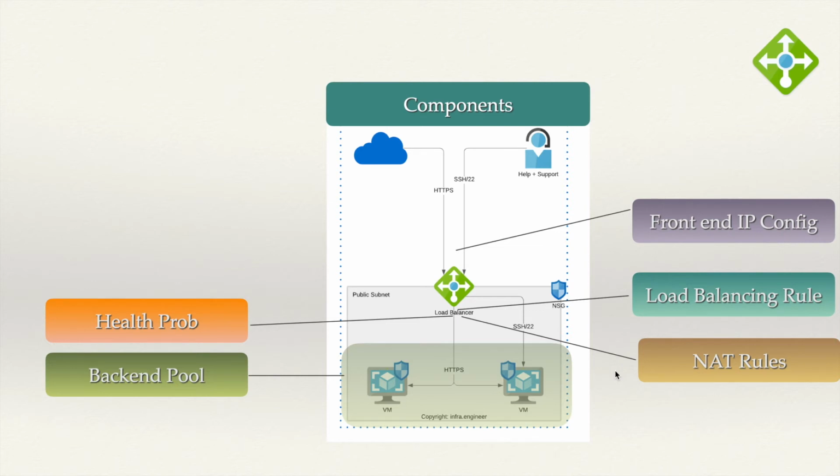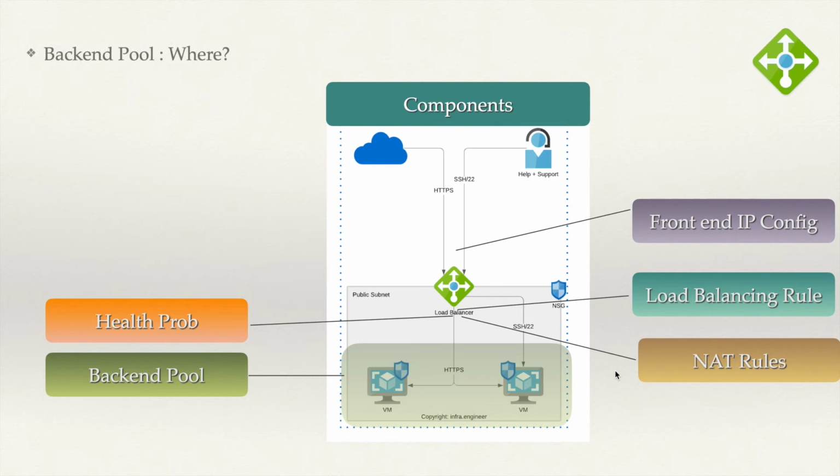And if a request is coming to 9000, for example, then redirect my RDP request to machine B or VM number 2. So this is where the NAT rule configuration comes into the picture, and this is how it is important to map your port number from source to destination.